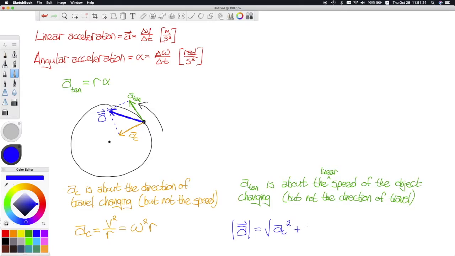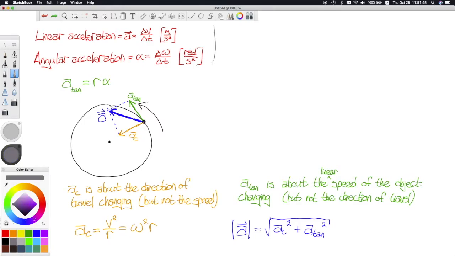The centripetal acceleration squared plus the tangential acceleration squared. I don't plan to hit this idea very hard on tests or quizzes, but it's important that you understand that this acceleration right here is not the overall acceleration. It's just the component of the acceleration that's actually affecting the speed of the object.